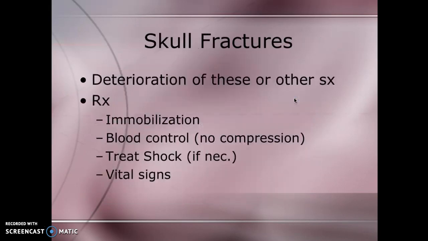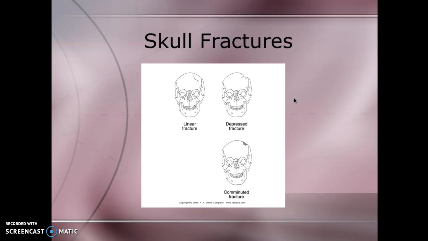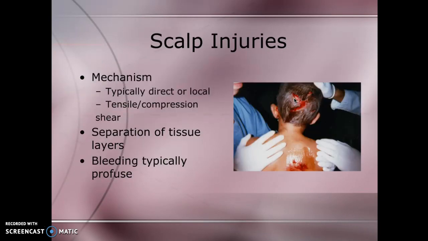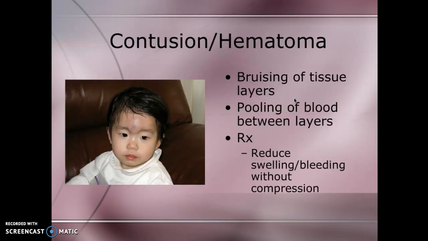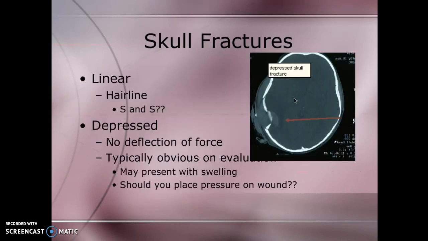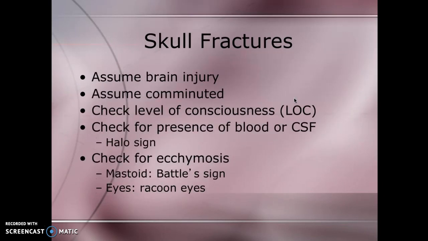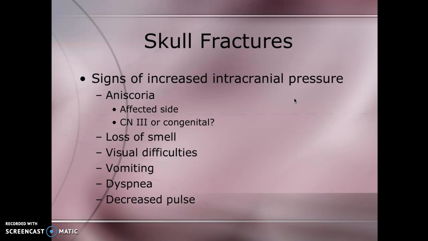All right, so I'll refer you back to the signs of increased intracranial pressure, which I have on. Here we go. So we're looking at those pupils, smell, visual difficulties, vomiting, dyspnea, and decreased pulse.